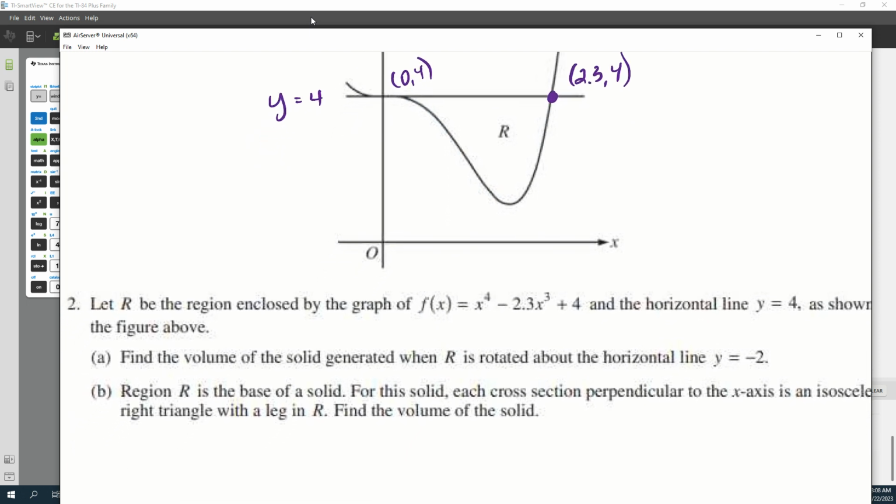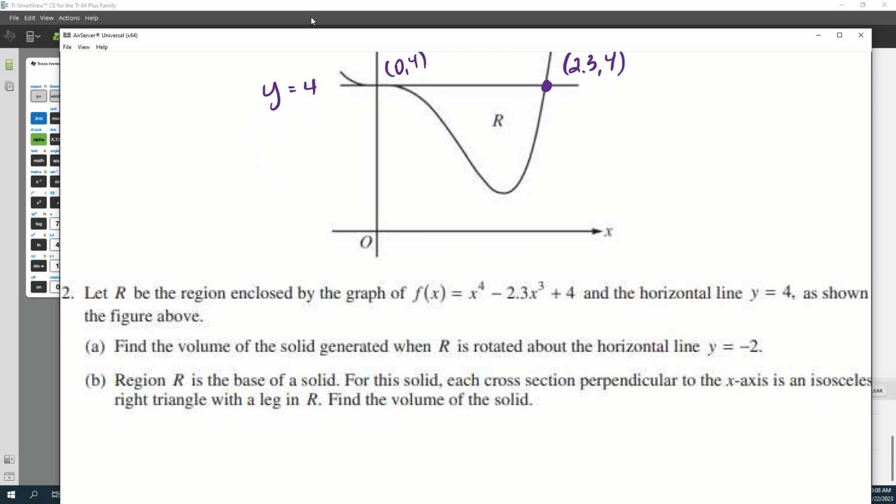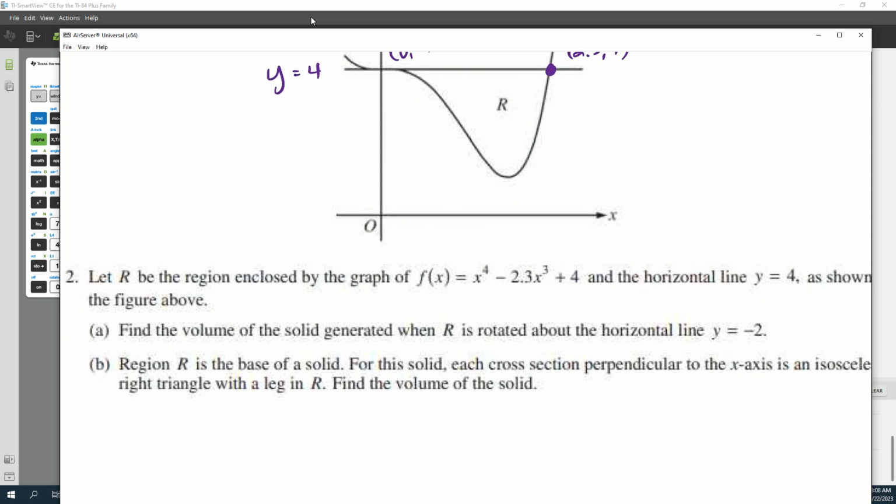Okay, so A says to find the volume of the solid generated when R is rotated about the horizontal line y equals -2. Okay. So I'm going to draw that line. It's not going to be very accurate of where it actually is. It would be way lower than this, but we're just going to pretend that this is y equals -2.